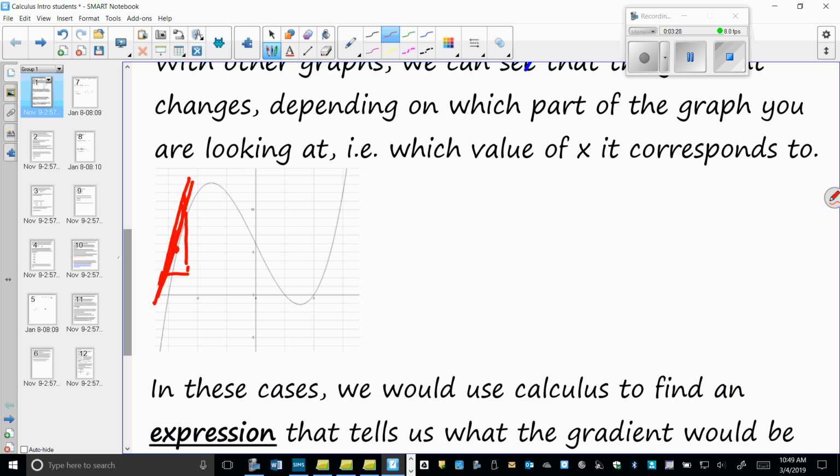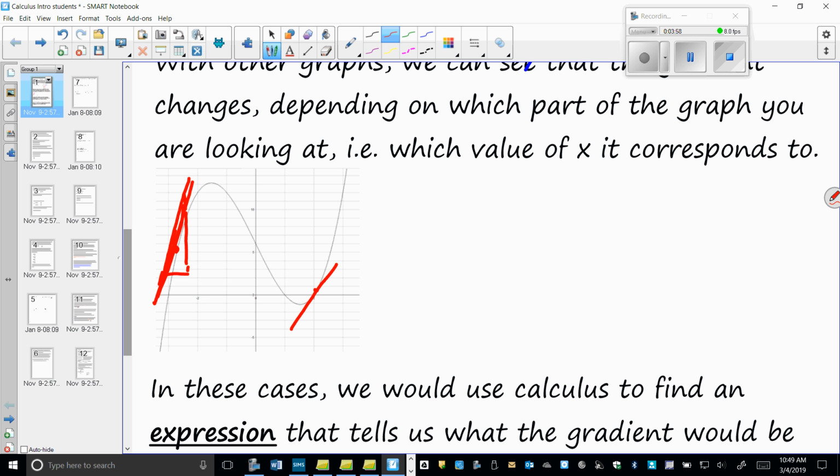I can see that my line is quite steep. It's going in which direction? Up, which means it's what kind of gradient? Positive, and it's quite a high number because it's quite steep. If I had chosen this point here, what can I say about my gradient at this point?